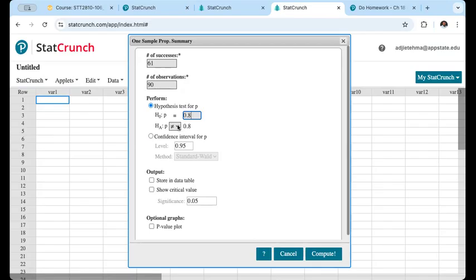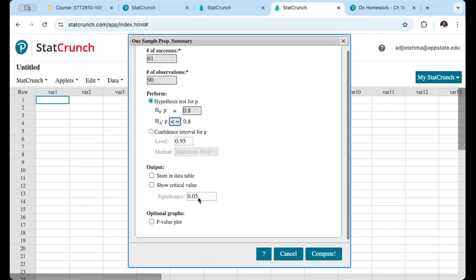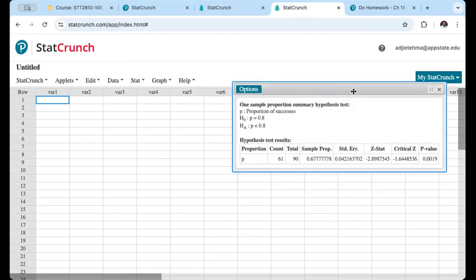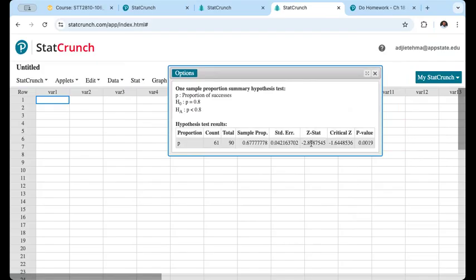Ours is less than, so we change here too. You can see the significance has been given to you as 0.05 already. So you just click compute. You see this is the sample proportion, this is Z, this is also the critical value.